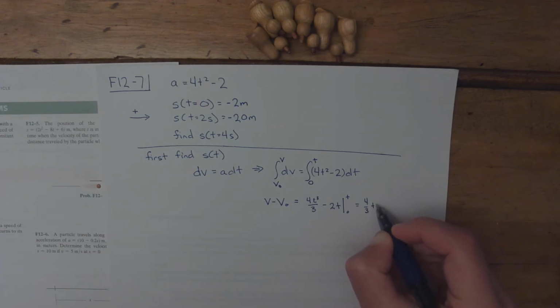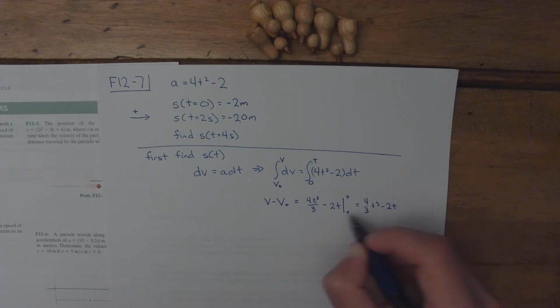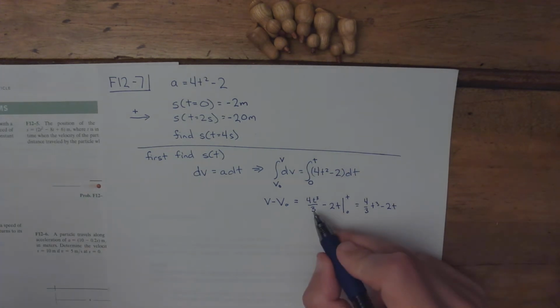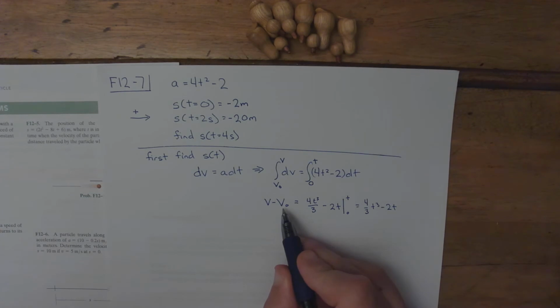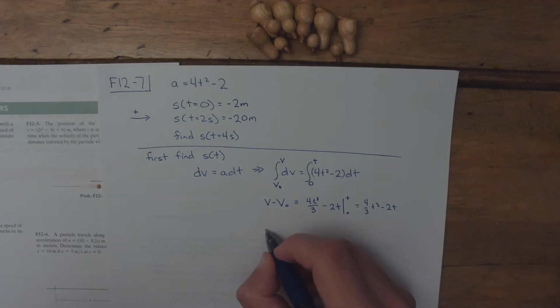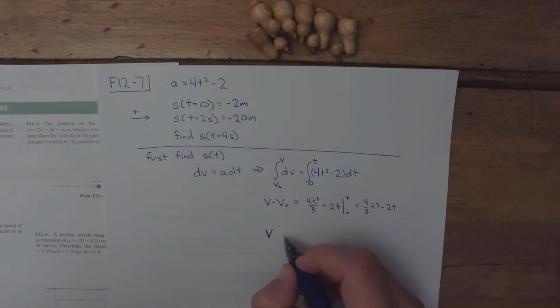And when you plug in the lower limit of integration, you get 0 for this term and 0 for that term, so that doesn't change anything. But I want the velocity as a function of time, so I'm going to take this v0 and bring it over to the other side, and then this is the velocity at time t.